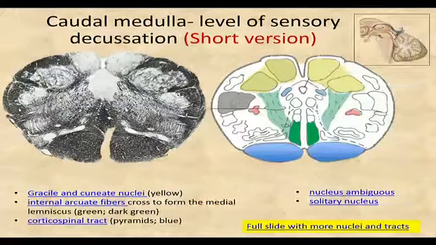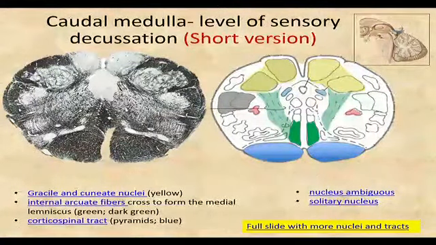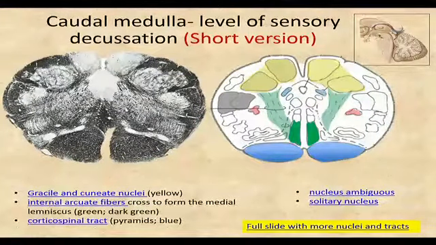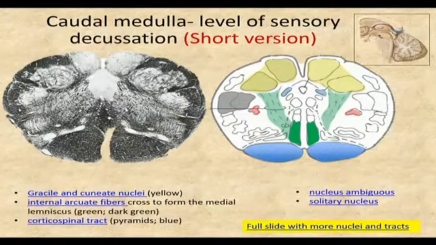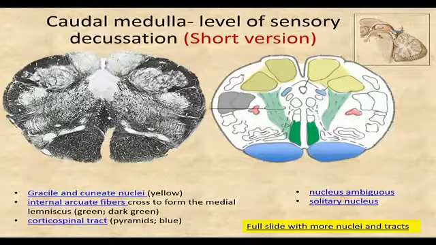The nucleus ambiguus is involved with the glossopharyngeal and vagus nerves and is important for laryngeal muscle coordination. And so it's important for swallowing and speech. It also has some autonomic function, but that is very much downplayed. It's mainly speech and swallowing.